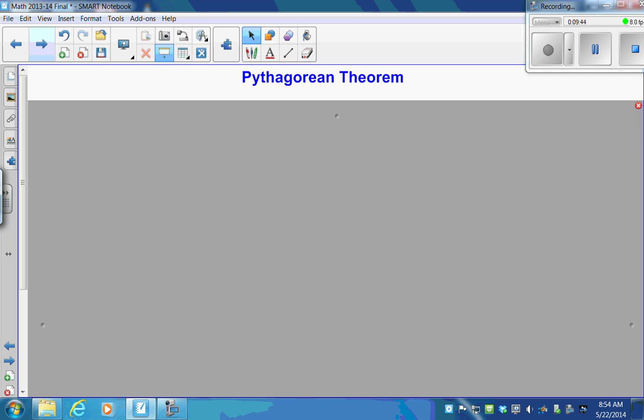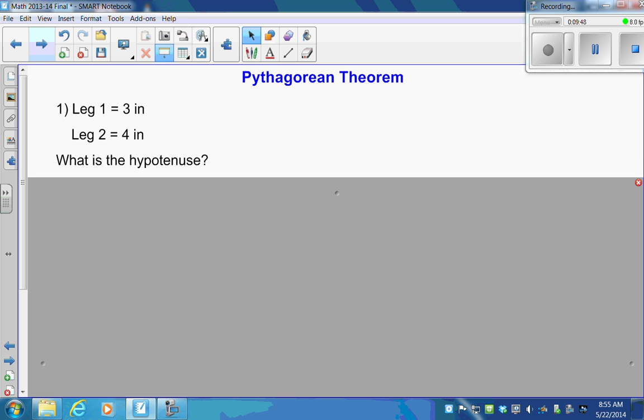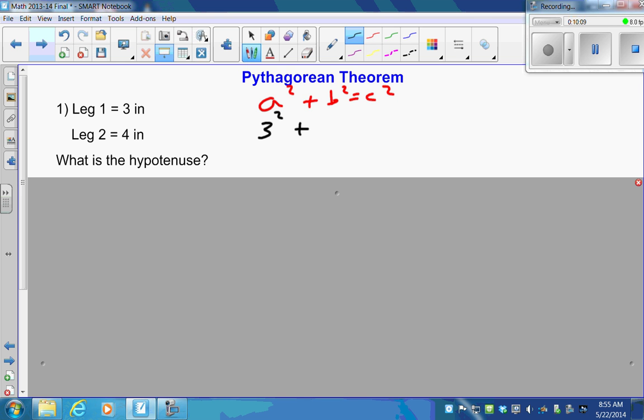The next piece is the Pythagorean theorem. The Pythagorean theorem, you'll remember, is a squared plus b squared equals c squared. My legs are 3 and 4. Find the hypotenuse. Go. Remember, my legs go in for A and B, so my first leg, my second leg, and my C squared.